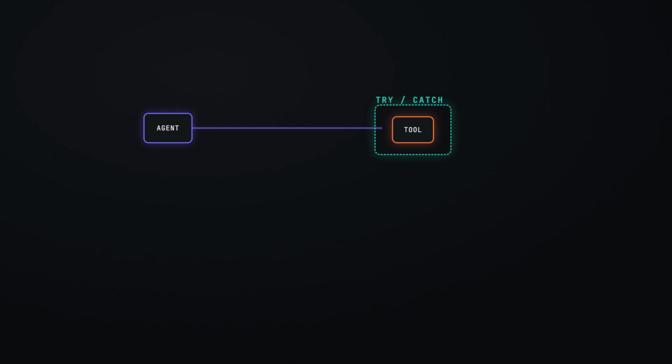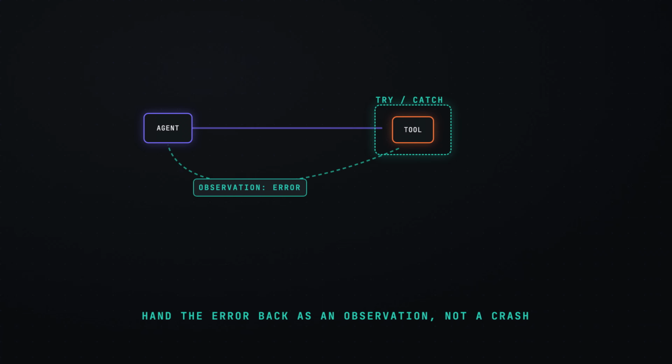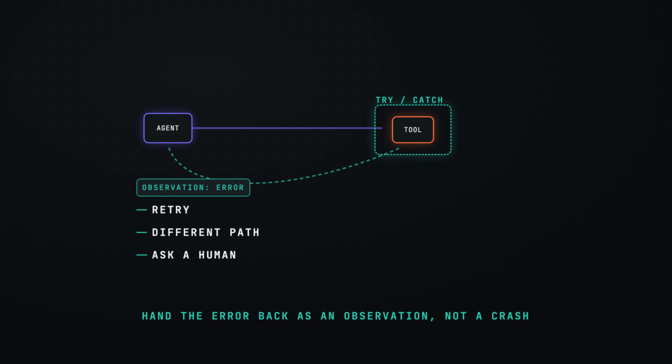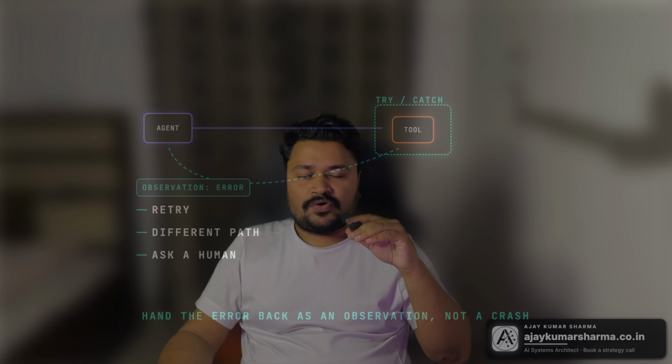You wrap the tool. When it errors, you hand that error back to the agent as an observation, not as a crash. Now the agent can retry, take a different path, or stop and ask a human. The whole chain does not die on one bad call.